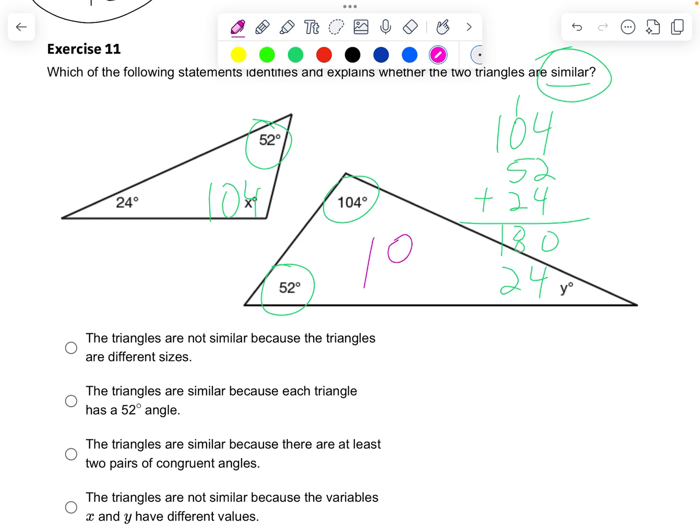So this is 180 degrees, so you know it works. This is 180, this is 180. So you know that angle y is 24 degrees, and you know the angle x is 104 degrees. So they're similar because they have the same angles. And by the way, this equals 180 always because it's a triangle.